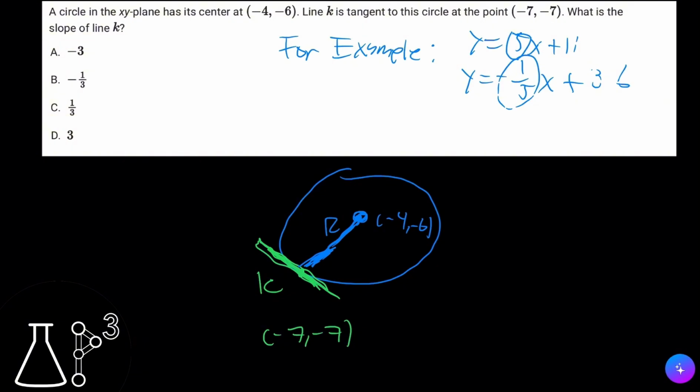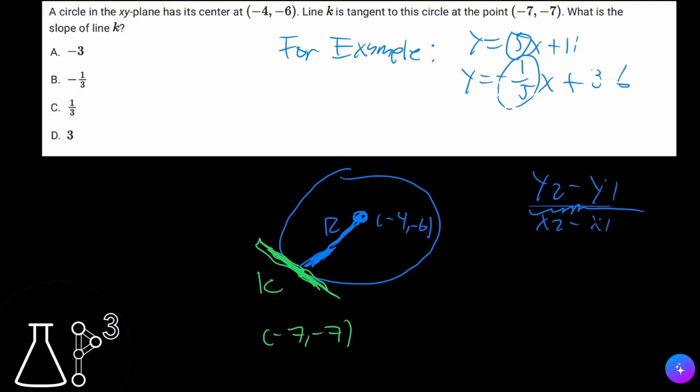Well, I can look for the slope of the radius, because I'm given two points. I'm given (-4, -6) and (-7, -7). So what I can use is my slope formula, which, if you don't know it, is y2 minus y1 divided by x2 minus x1, and that basically gives me the slope of the radius.